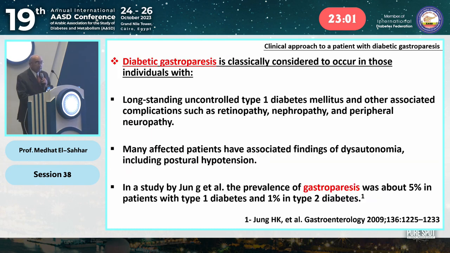It is classically considered in long-standing uncontrolled type 1 diabetes that also have retinopathy, nephropathy, and peripheral neuropathy. In a study, the prevalence of gastroparesis was found to be 5% in type 1 diabetes and 1% in type 2. So 5% of our patients with type 1 diabetes will have this problem.